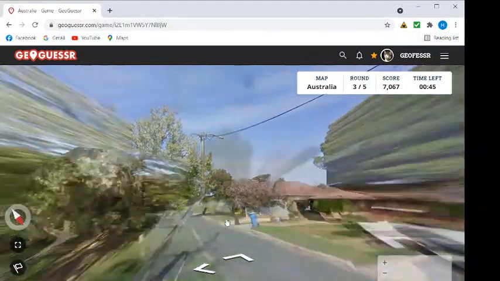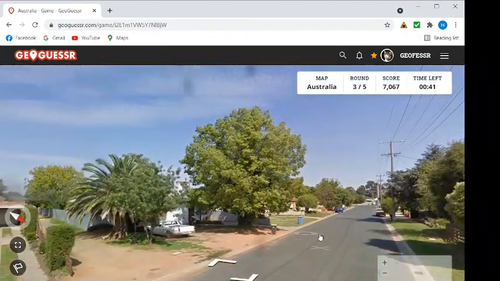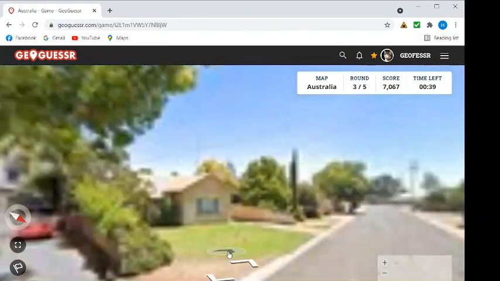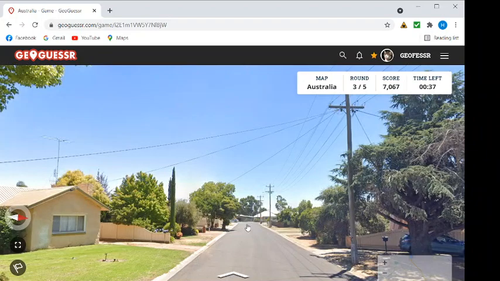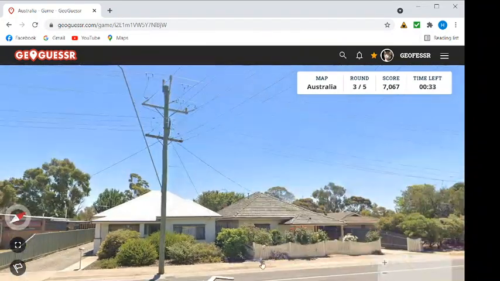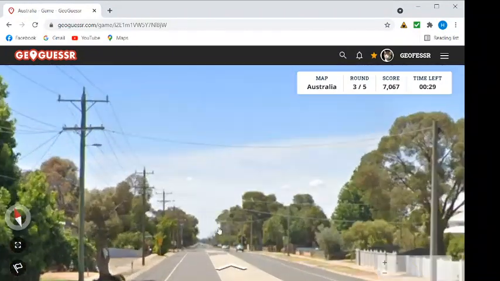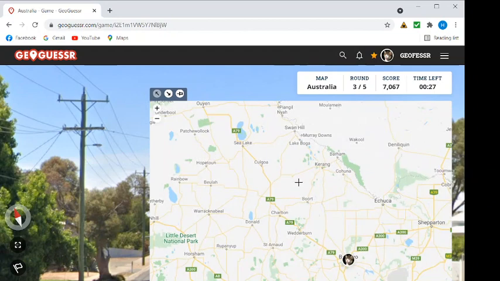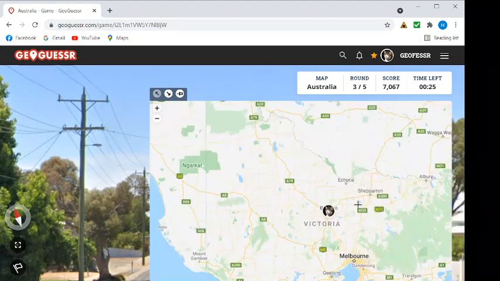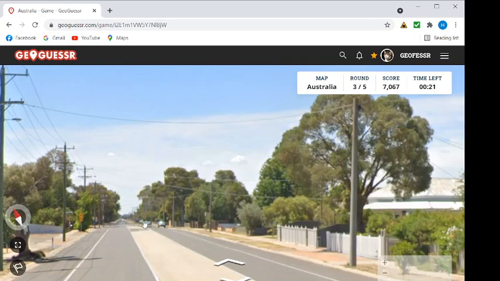Yeah, so this looks like it could be a smaller city. Yeah, that's what I think it is. Could be Bendigo, Shepparton, Mildura, someplace like that.